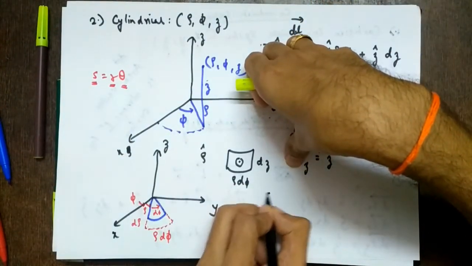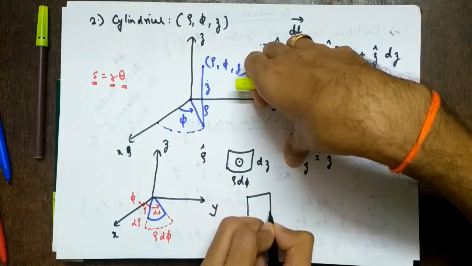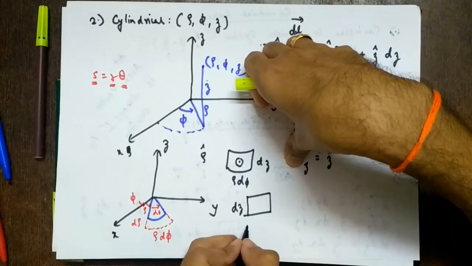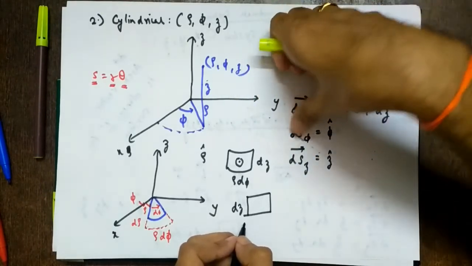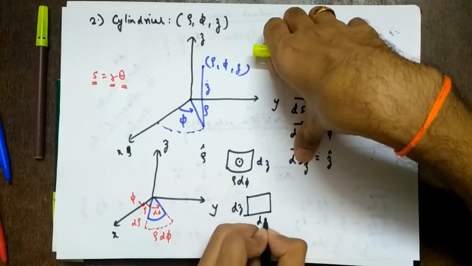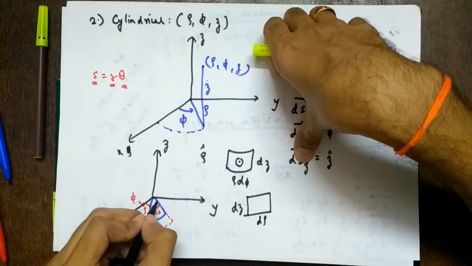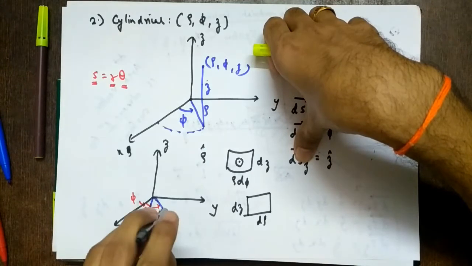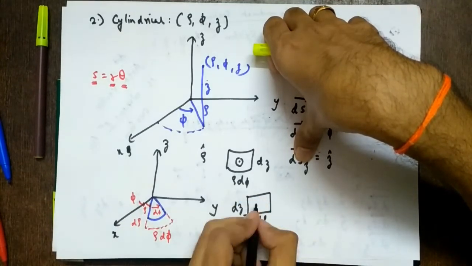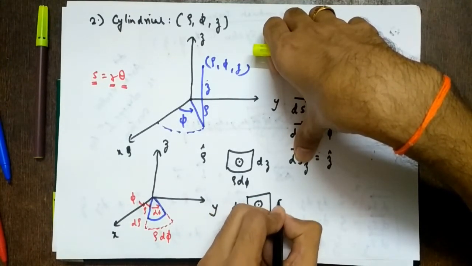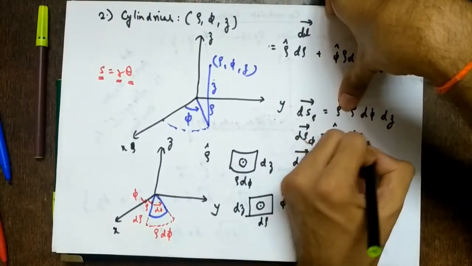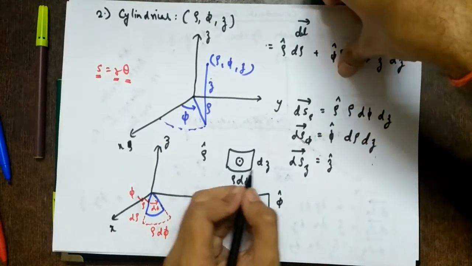So I will try to draw that here. So what will this be? dz, right? And what will this be? d rho, because this is this distance only. This is rho, and upwards it will be dz. So d rho dz, and this direction is phi cap. So for phi cap we will have d rho dz.